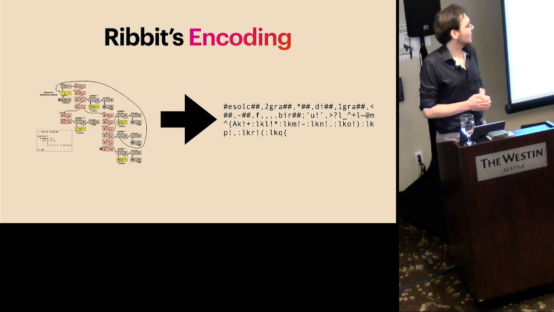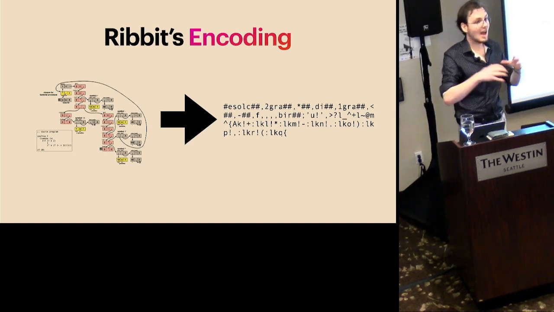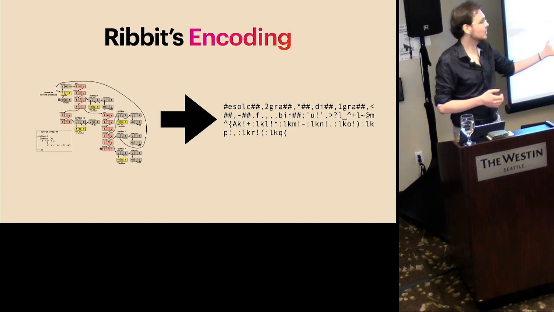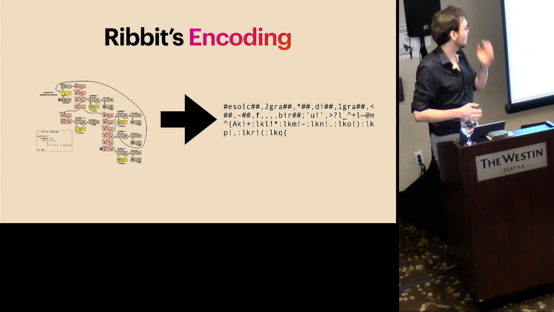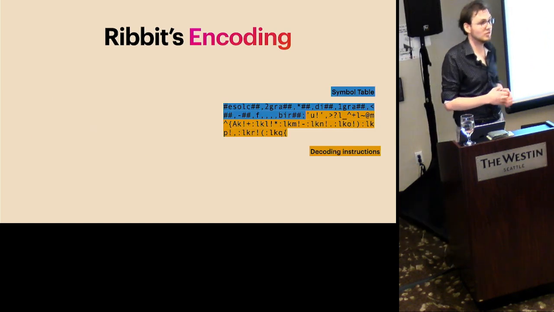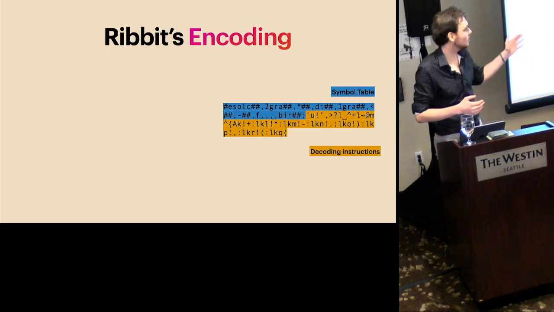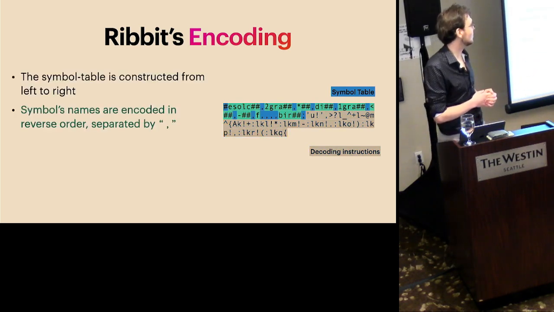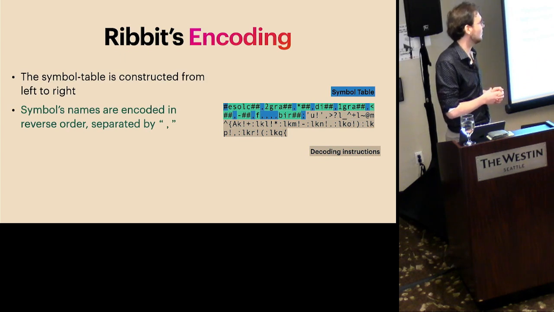Now we're going to go over a little bit about how we serialize the program into the ribbon. First of all, the ribbon is made out of 2 main parts. There is first the symbol table and the decoding instructions. The symbol table is constructed from left to right.